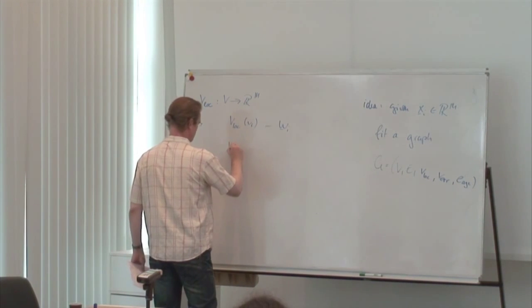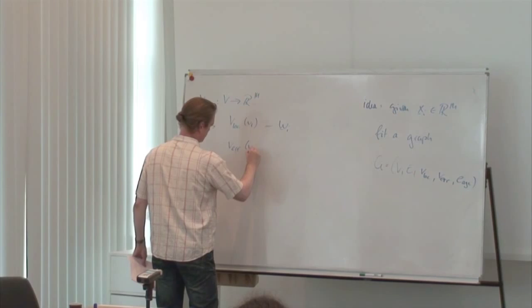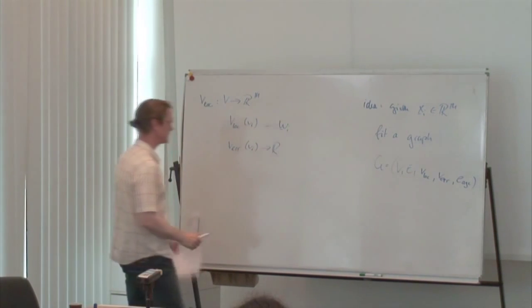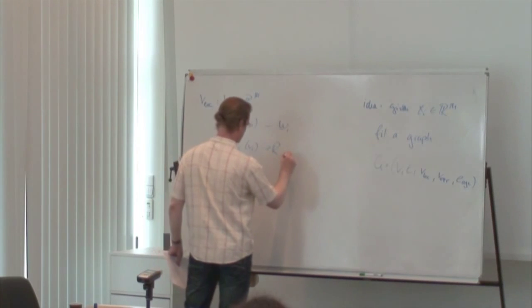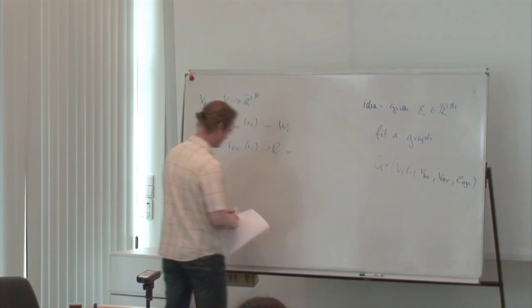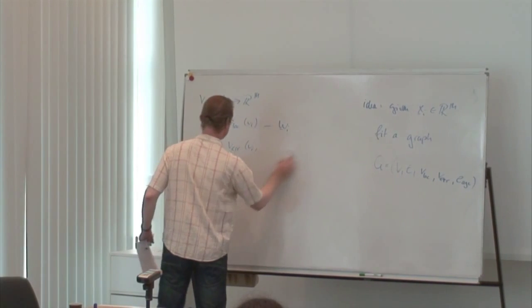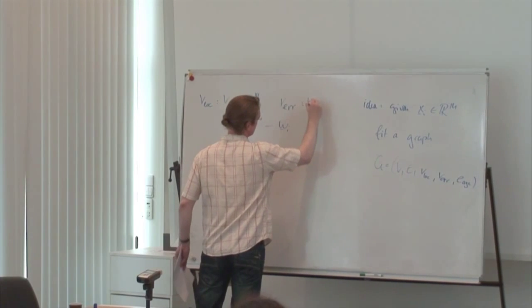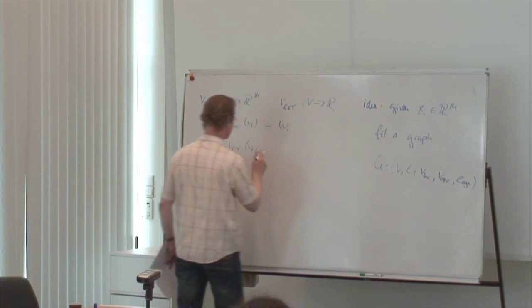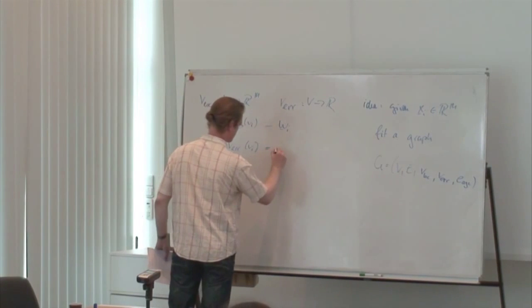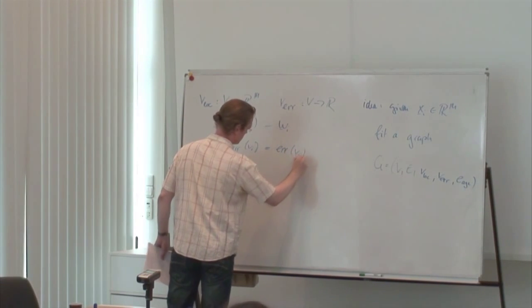The error function maps a vertex to a real number, and I will write it as error. So we have the error function that maps vertices to real numbers, and instead of v_err of vi, I will just write error of vi.